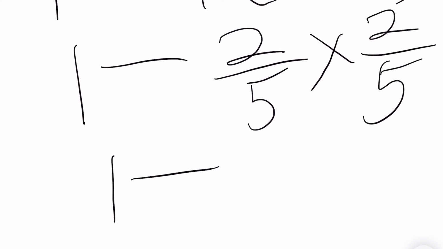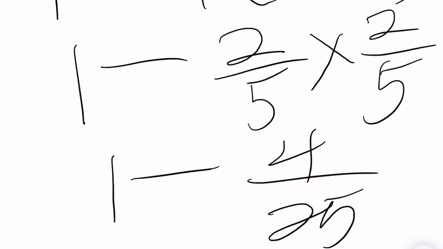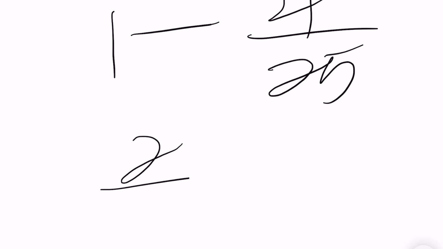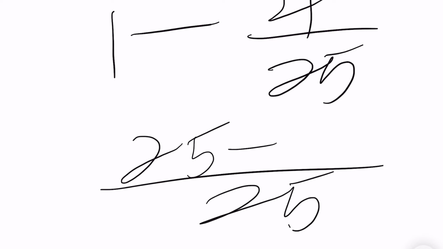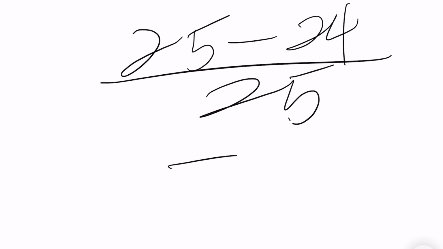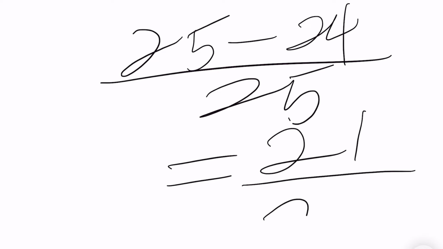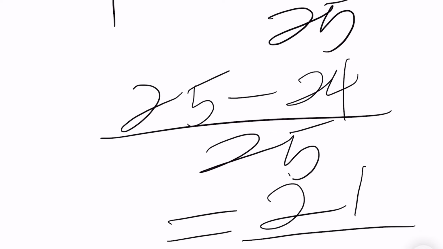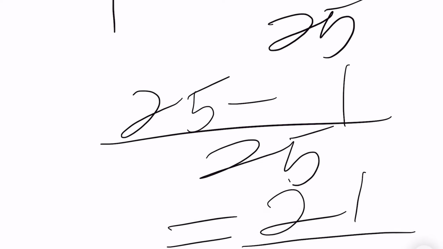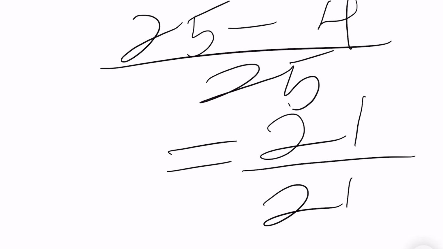So we have this to be 1 minus 4 over 25. Then this is 25 minus 4, so we have 21 over 25.